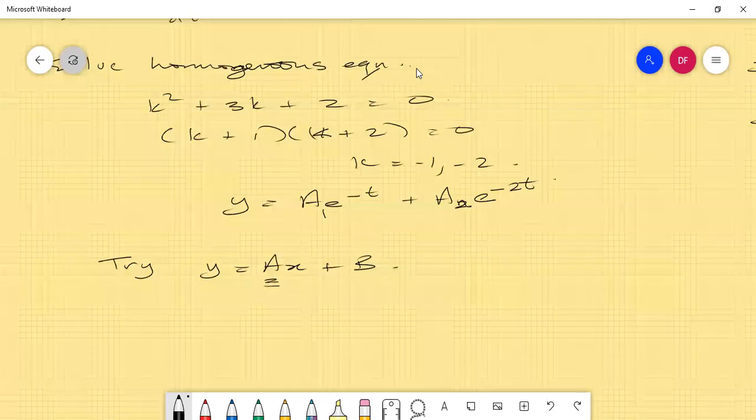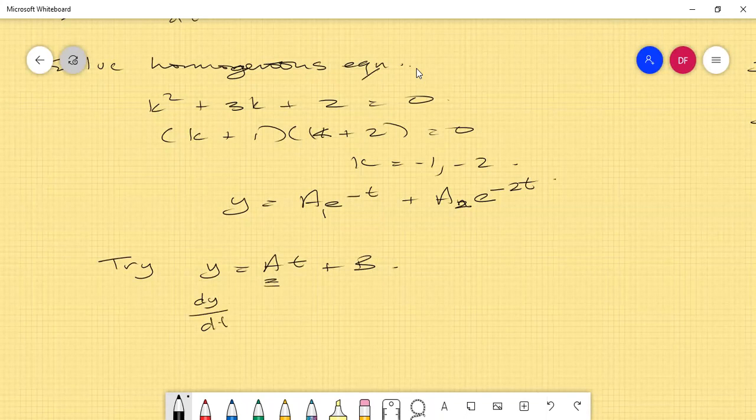All right, so when we differentiate, try y equals at plus b. So dy by dt, when we differentiate this, what do we get? A. Now we differentiate it again, what do we get? 0.